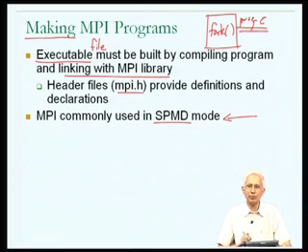Rather than writing a separate program to run on each of the nodes of the parallel computer, we write a single program which contains information about what all the different processes which are cooperating towards the common objective are going to do, along the lines of what we did in the case of the concurrent program. You'll recall that in the case of the concurrent program, we looked at the return value from fork to determine whether the process which was executing at that point in time was the parent or the child process, and depending on the return value we would then move to a different part of the program to do what the child had to do or what the parent had to do.